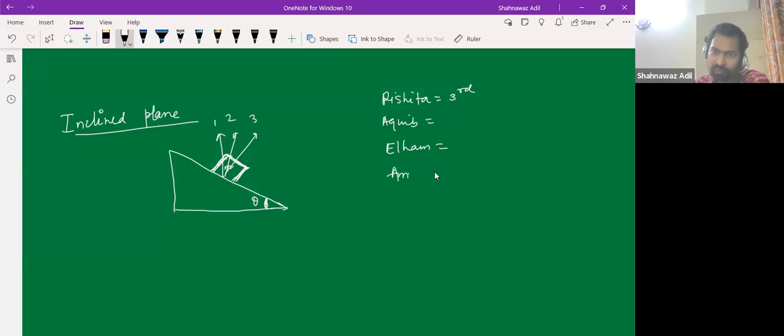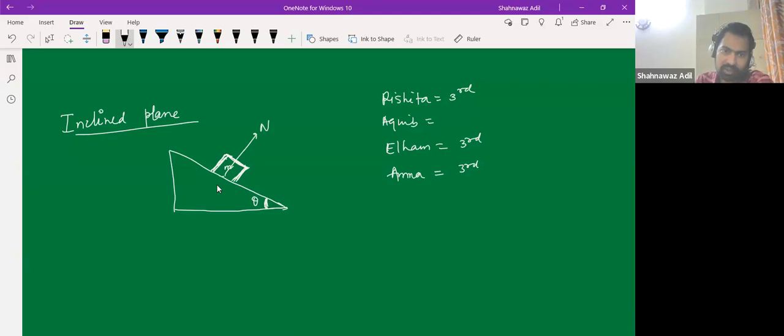Third. Elham says third, Amna is also saying third one. So which one? First, second, or third? Third, right? So this is the normal reaction.